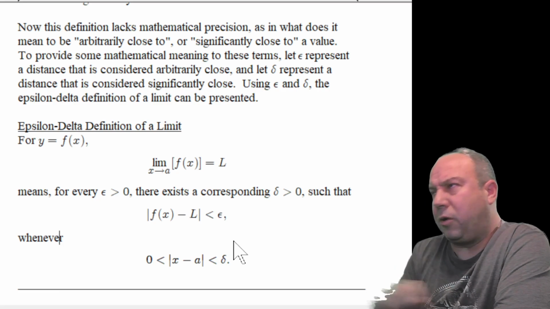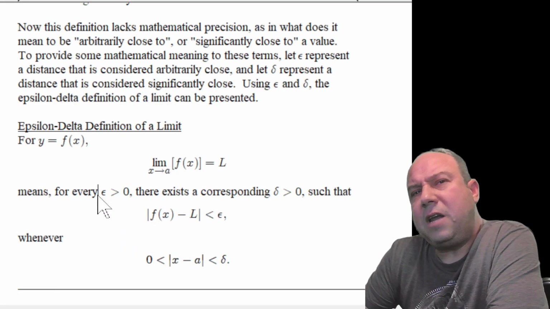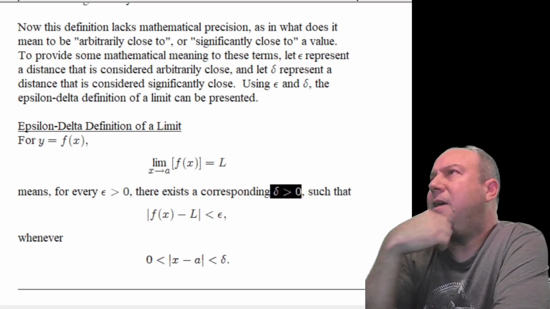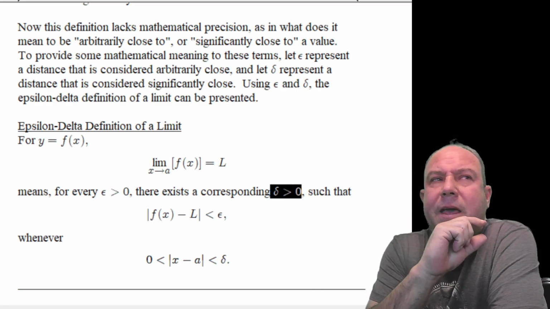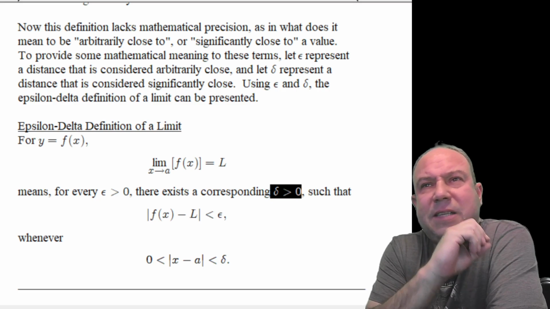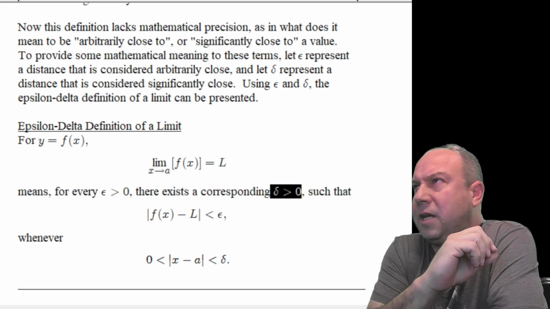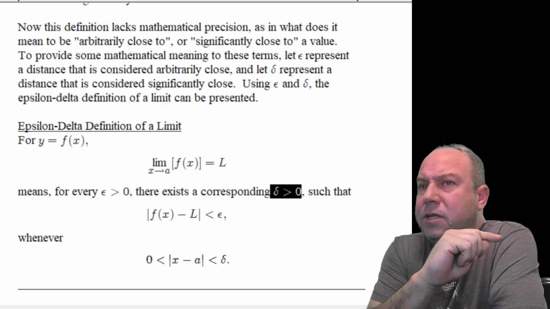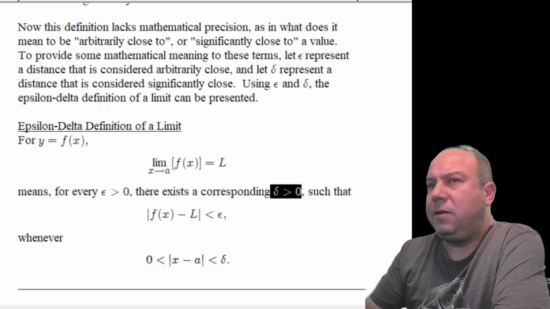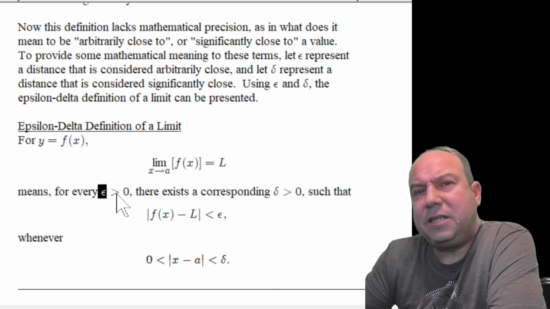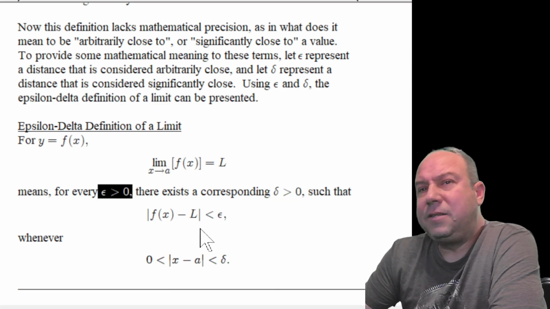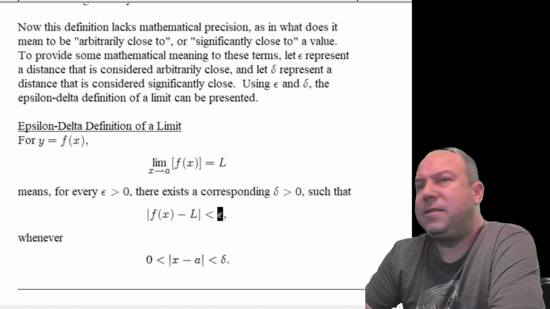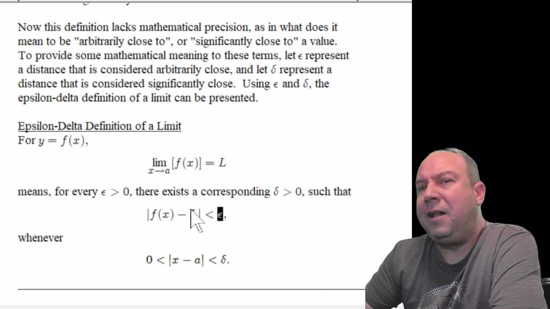So, to interpret again what we've said about epsilon and delta, they are a specific size of boundary that we place around the values in our limit. Epsilon is a size of boundary that we place around our value of L inside of our limit.